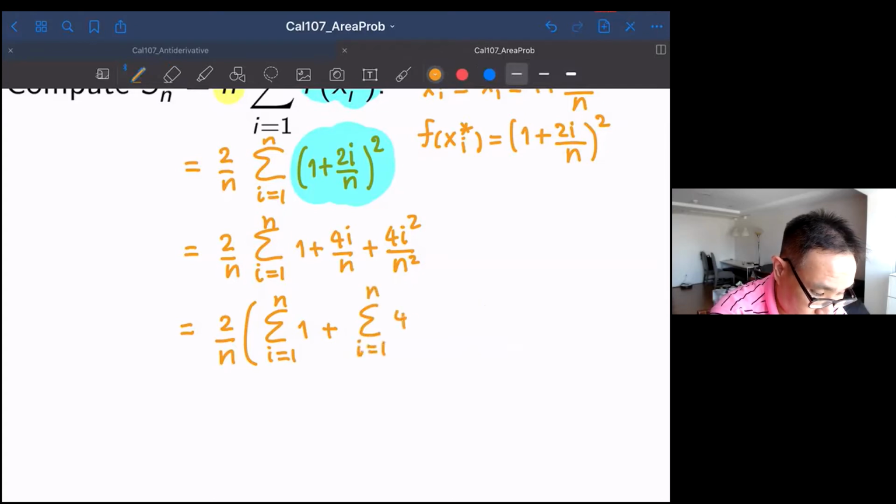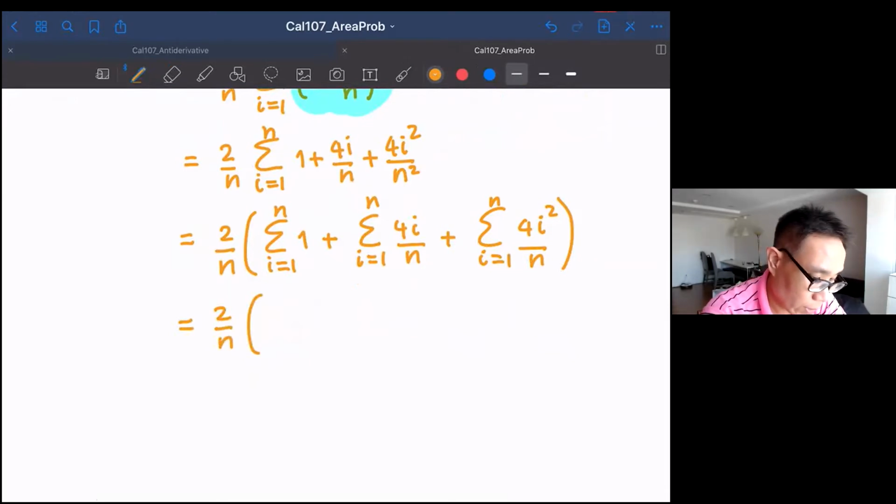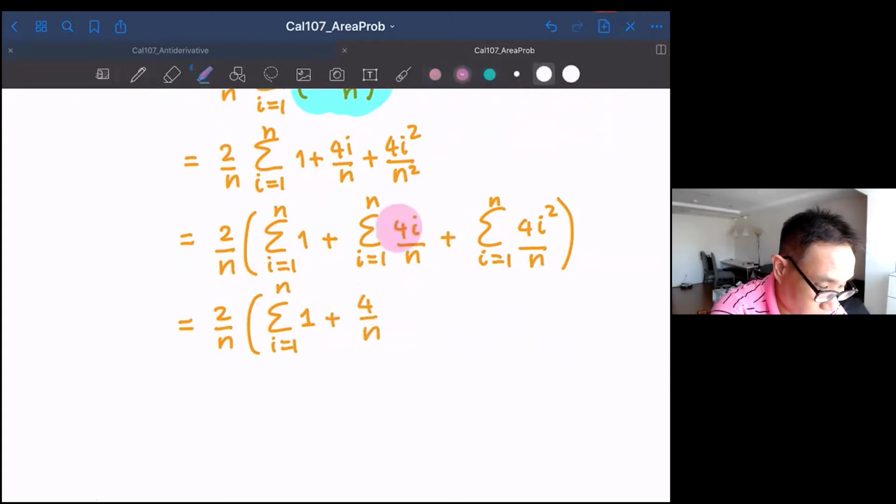So it's going to be 4i over n, and the sum from i equals 1 to n of 4i squared over n. And this guy will be 2 over n, the sum from i equals 1 to n of 1. Okay, and you have 4 over n, which is the constant, and 4 over n squared, also a constant.